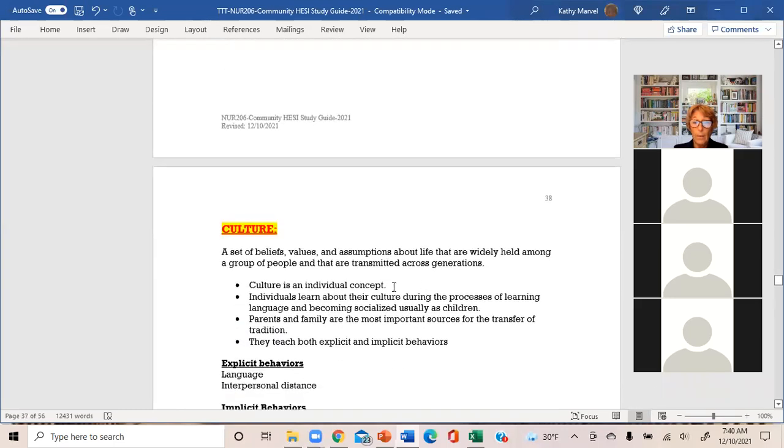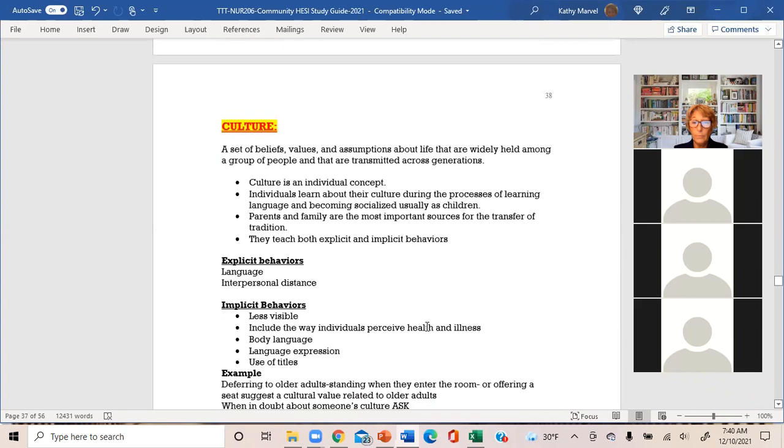And then the next section is culture. We talked a lot about culture. Why is cultural competence critical in our practice? What are the pros and what are the cons of being culturally competent? That's a question. So if anybody wants to jump in and answer that. I don't think there are any cons to being culturally competent, but what I mean is what happens when you're culturally incompetent.